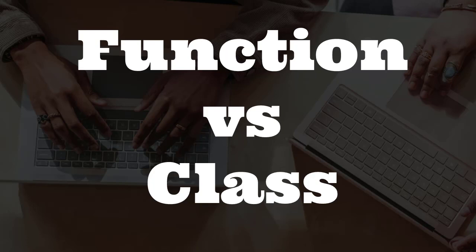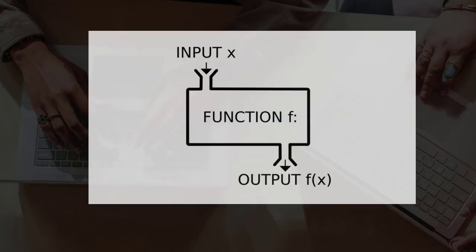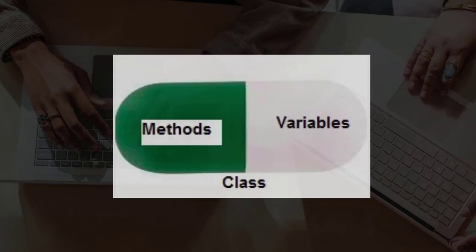You give it an input and you expect to get an output from that, nothing more. You can't keep variables in a function because you don't have access to the internal script of that function, and you can't touch it during the program. In contrast, classes can hold and keep our variables.